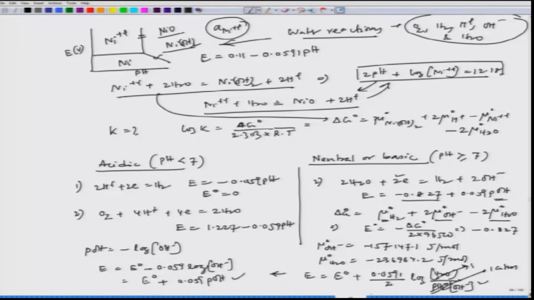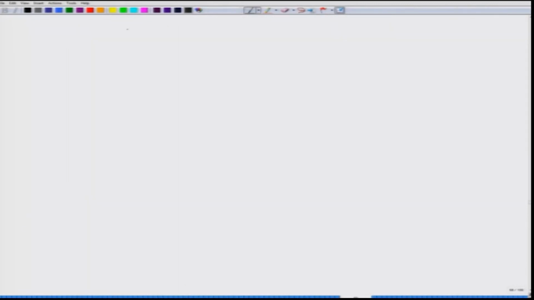Then if you do the simplification, you would get E equal to E0 minus 0.0591 into 14 minus pH, where pH plus pOH equal to 14.